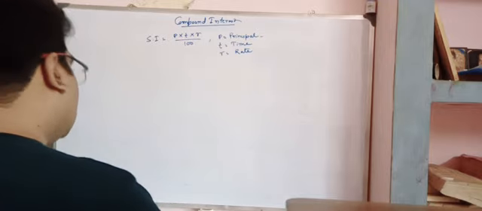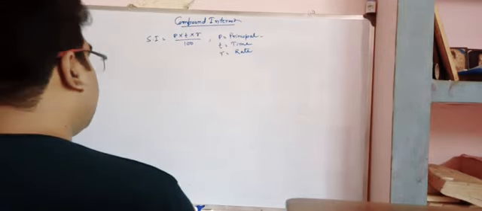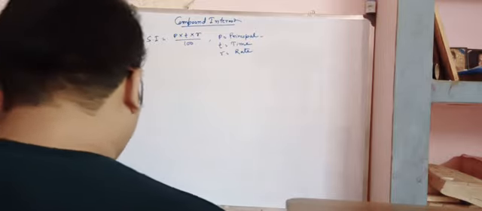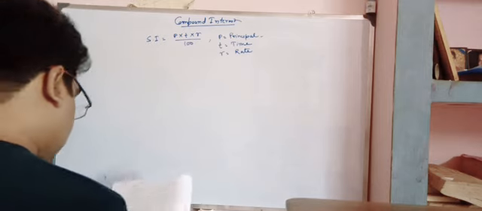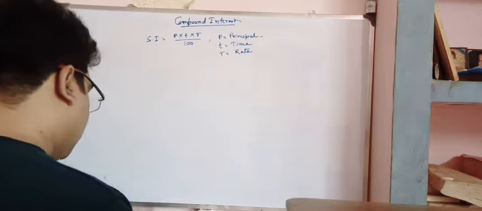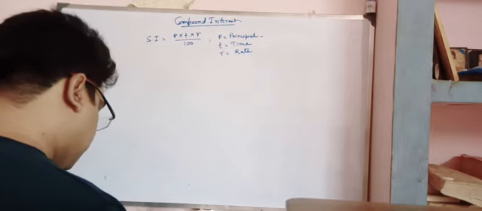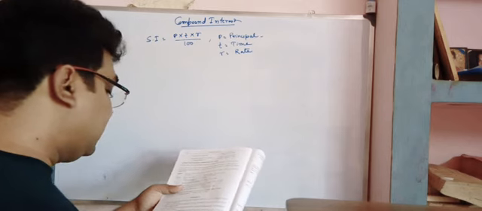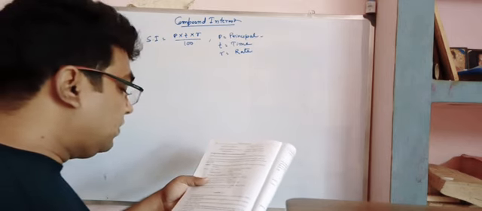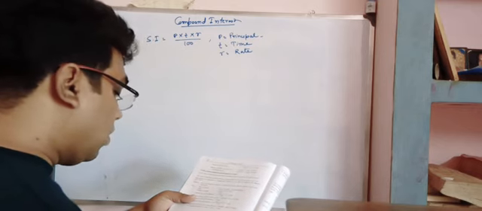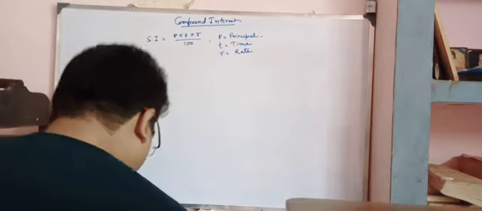Now let us take one example. We have to find the amount of the compound interest on rupees 2500 for 2 years at 10% per annum compounded annually.